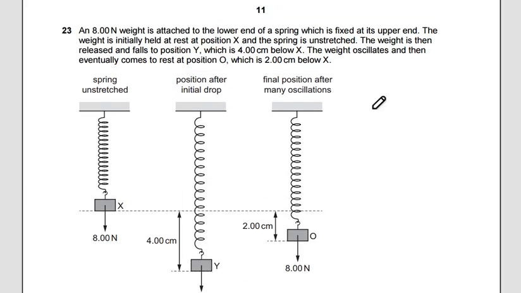Okay, to find the energy lost by the system as we go to this 4 centimeter below the original position, we have here a decrease in GPE, and this decrease is all stored as elastic energy by this stretch.